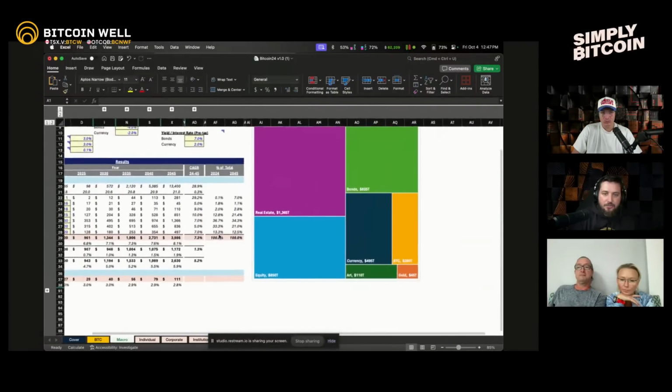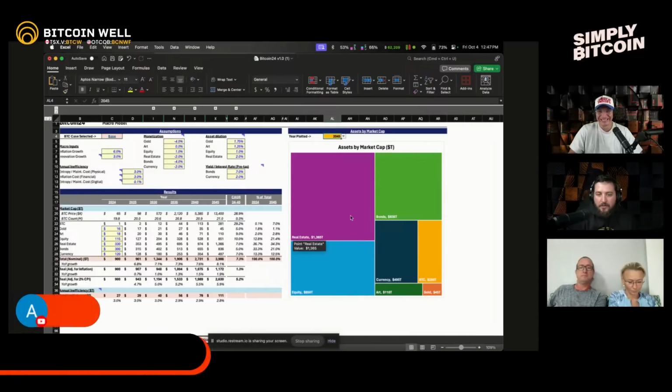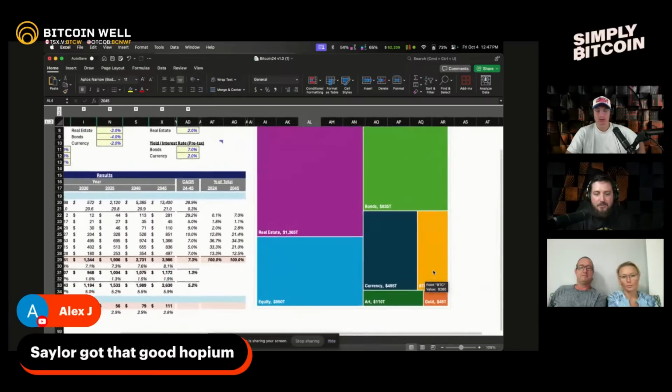Also, this is really cool too. It shows you the total global assets. So when you look at it by this point, it doesn't sound too crazy, right? Because real estate is the bulk of this, bonds would be the bulk of this, equities would be the bulk of this, currencies would be the bulk of this. Bitcoin would only be a small percentage of this.